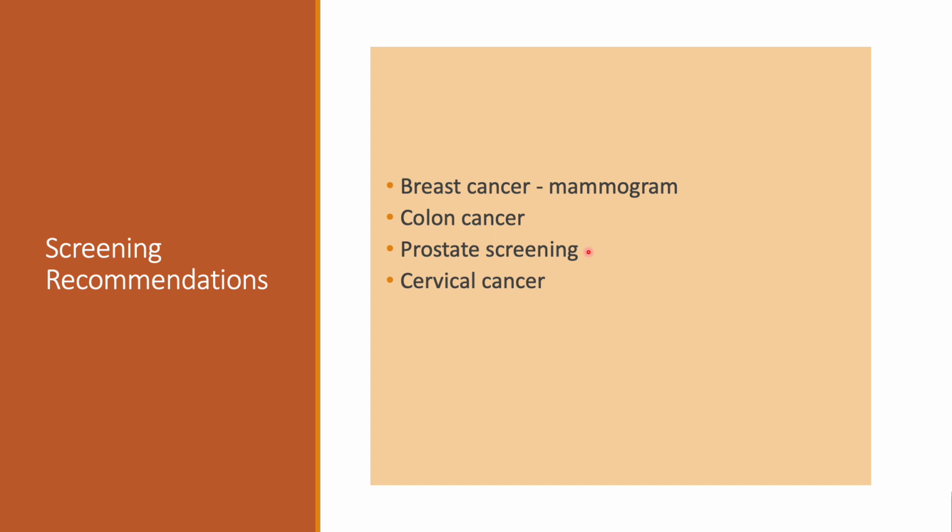Cervical cancer screening, we know we need to have a pap smear and specifically an HPV test. After the age of 30, you're testing specifically for the HPV, even if they have a normal pap smear. Pap smear should start when they become sexually active. It doesn't need to start at 16 or 17, but they need to start at age 21.